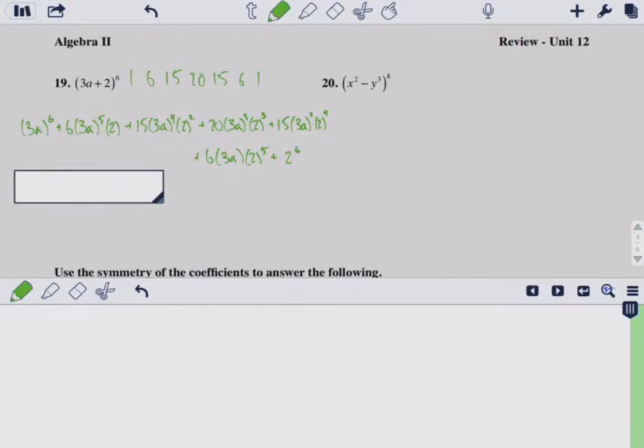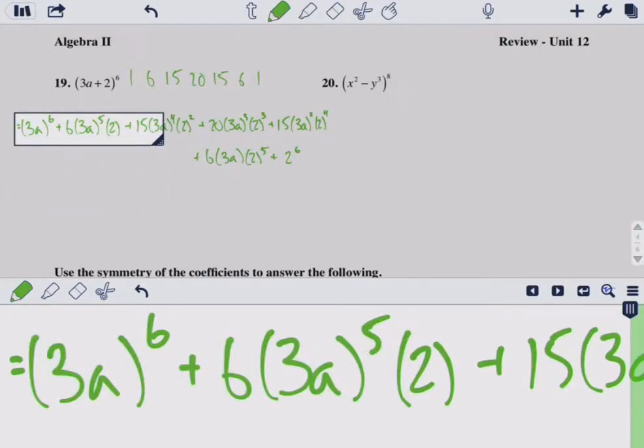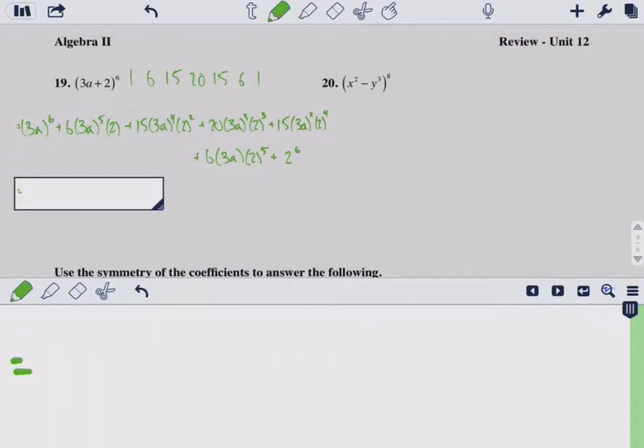Okay, simplify as best as we can here. Right, so 3 to the sixth, 3 raised to the sixth, is 729.